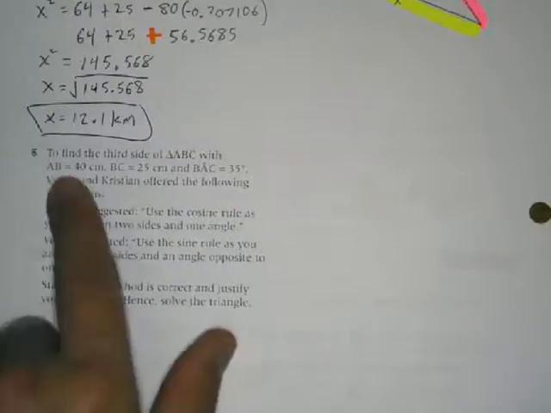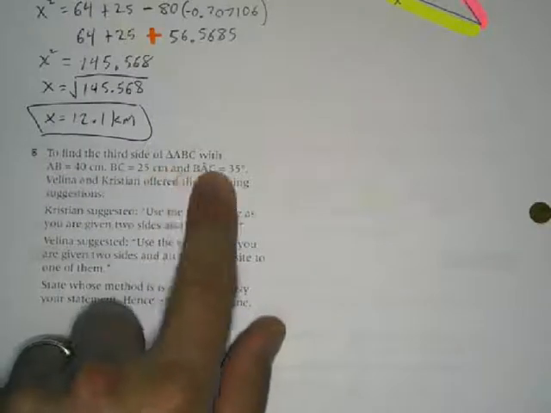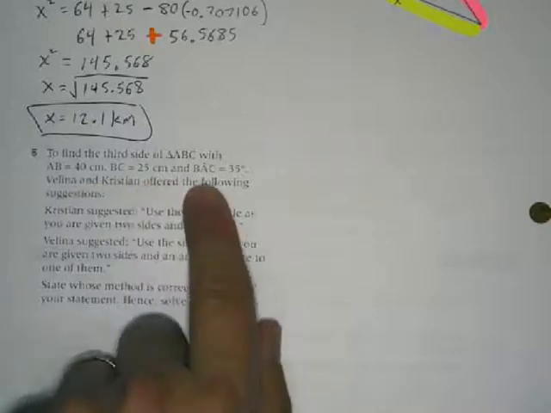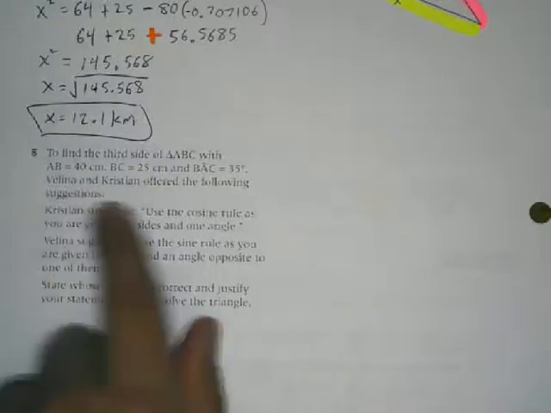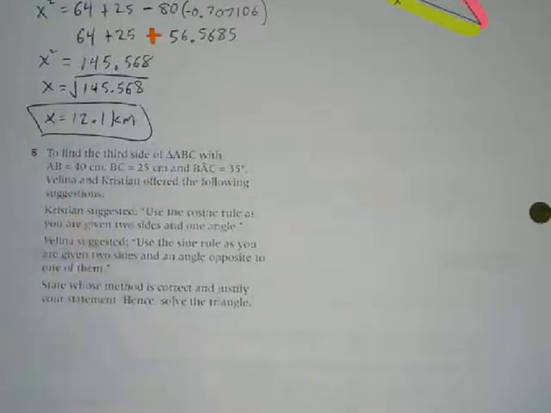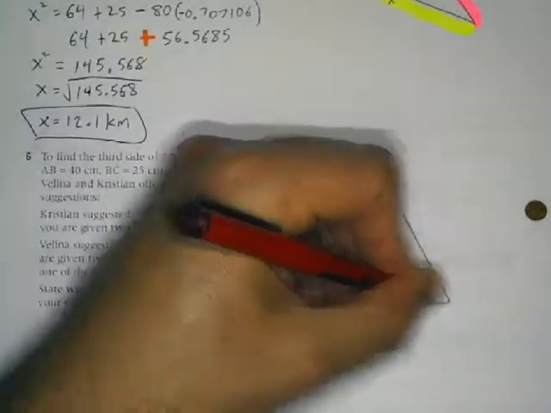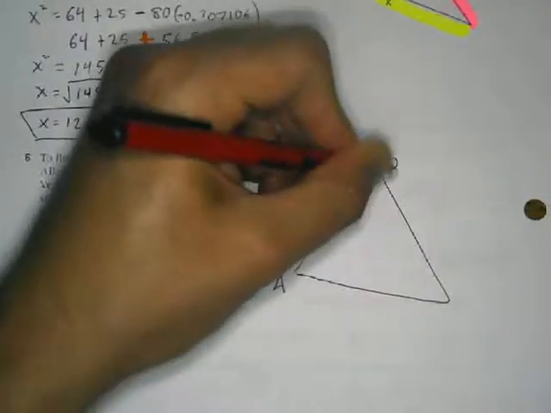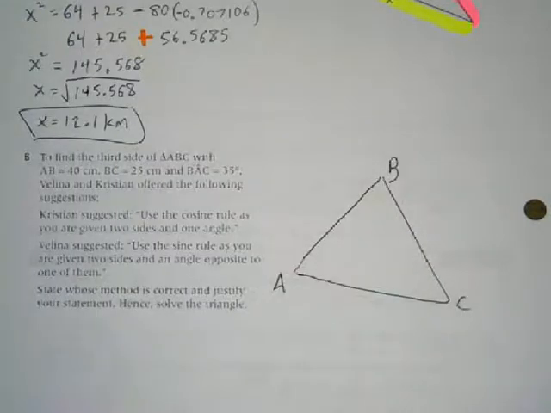Okay, to find the third side of a triangle with AB being 40, BC being 25, and angle A being 35, we got the following suggestions. Okay, let's just draw the triangle before we talk about the suggestions. I'm just going to draw a triangle. A, B, C. Okay.